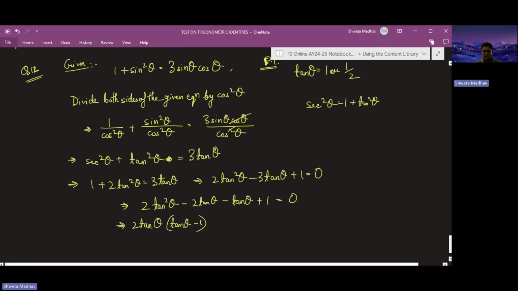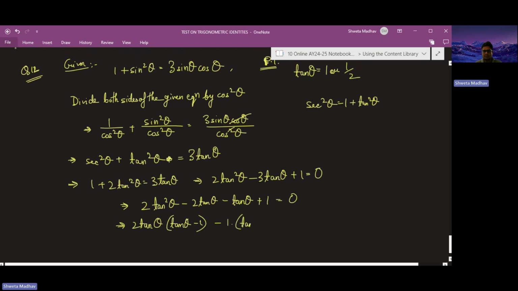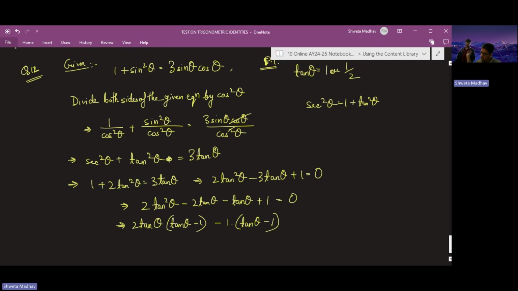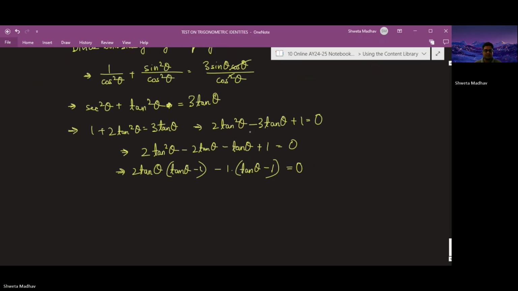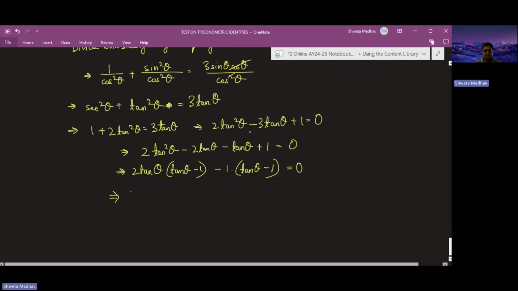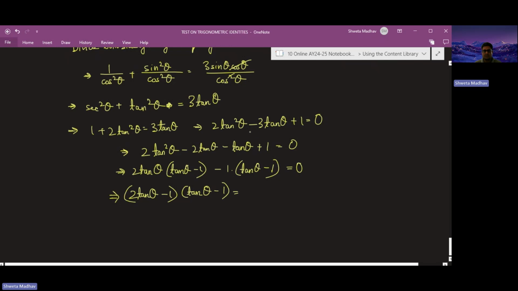And from the last two terms, we can take minus 1 as common, and then we will have minus 1 into tan theta minus 1. That will be equal to 2 tan theta minus 1 into tan theta minus 1, that is equal to 0.